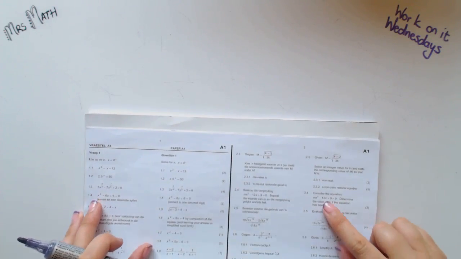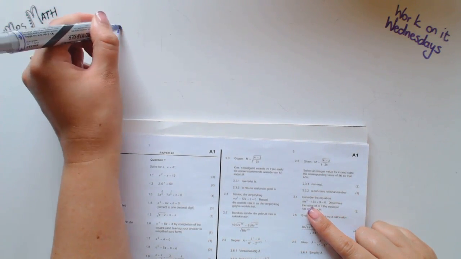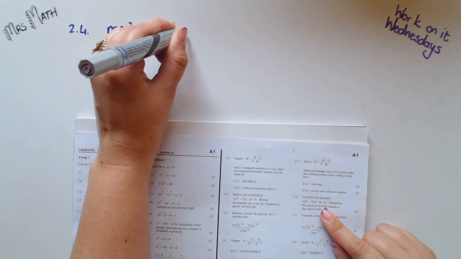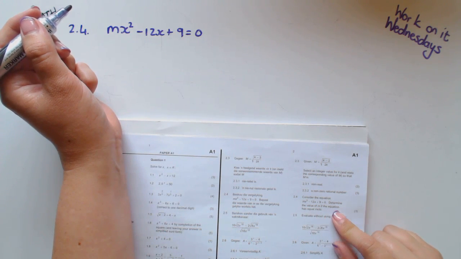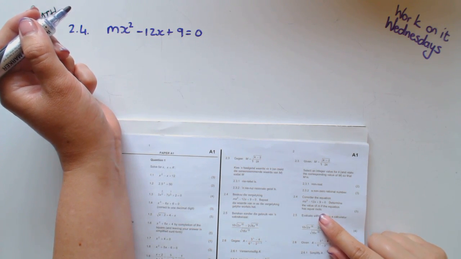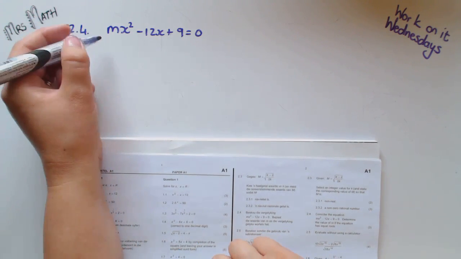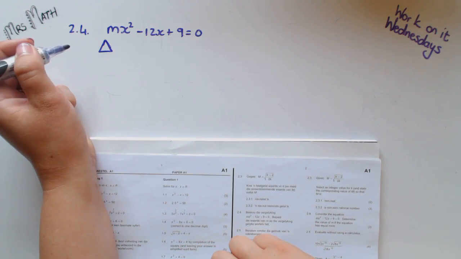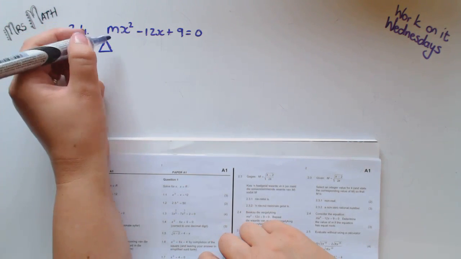Question 2.4 says, consider the equation mx squared minus 12x plus 9 is equal to 0, and determine the value of m if the equation has equal roots. Now for equal roots, if you haven't done this in class yet, don't worry, you'll get to it. But if you know about delta, you have done this in class already.